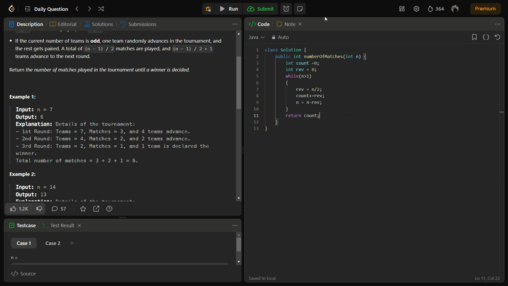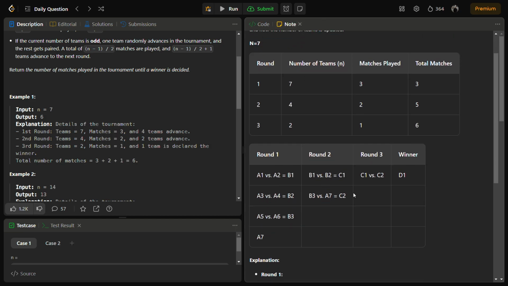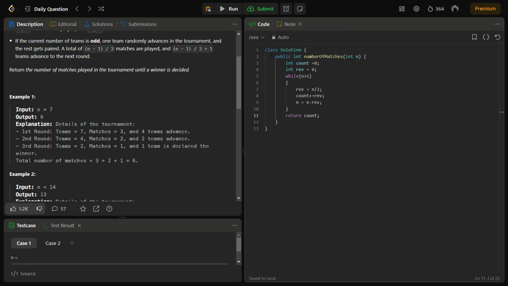This code is based on this particular approach. If you show this approach to the interviewer, he will be very much impressed by you, and there are much greater chances of you being selected over those who say n minus 1 is the final answer, because they cannot prove how they got the answer. The interviewer might say that the question was already known to you and throw a complex problem again.